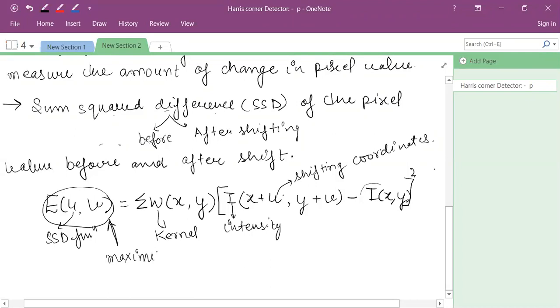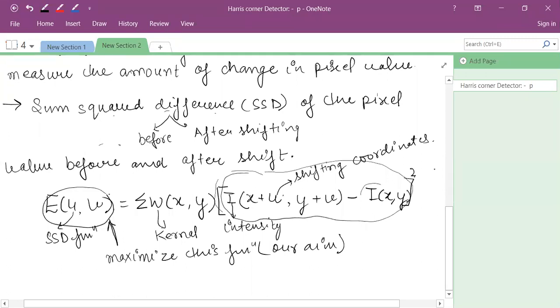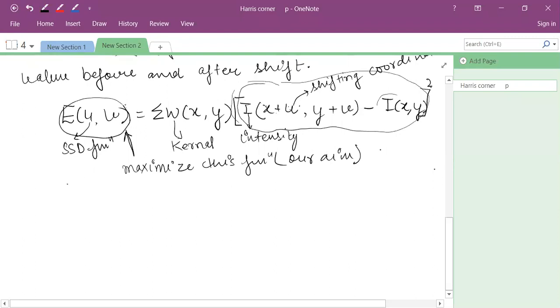Also, you have to maximize this one. Our more concentration is to maximize the second term, because this maximum value totally depends on the shifting of u and v coordinates, that is, at which u and v position, how much shifting you have done, such that you get a higher intensity difference. So we have to change it over the matrix term.